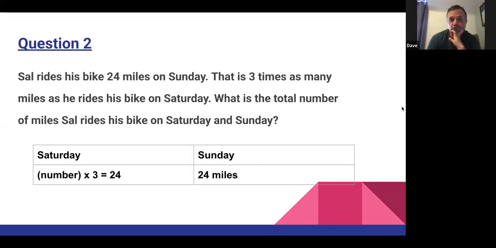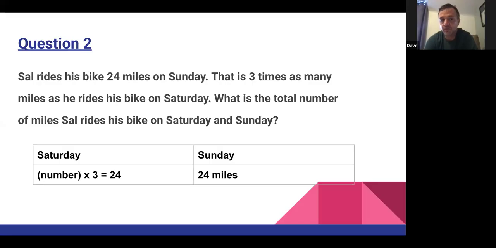Question 2, okay? This one is how we multiply and or divide in a word problem. Sal rides his bike 24 miles on Sunday. That is 3 times as many miles as he rides his bike on Saturday.